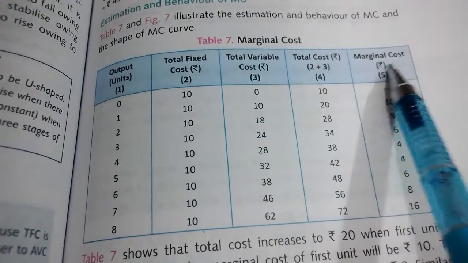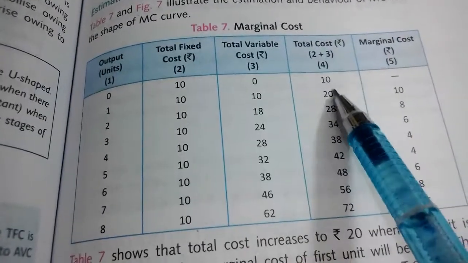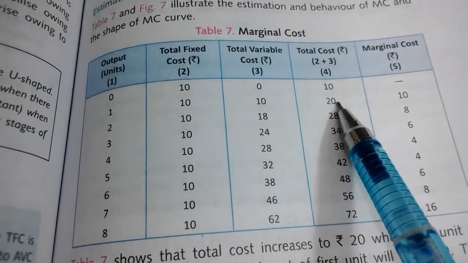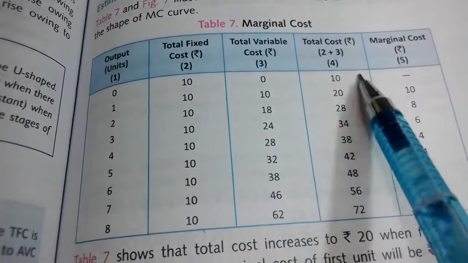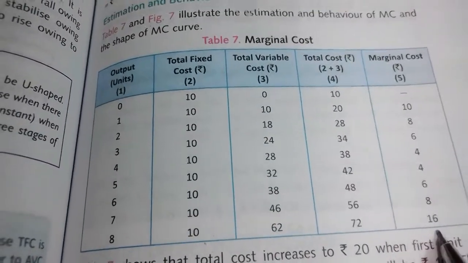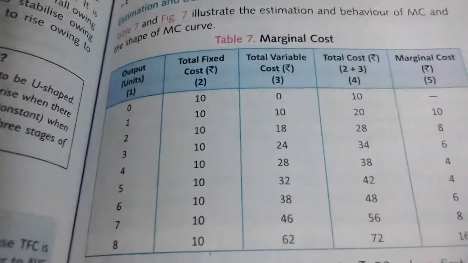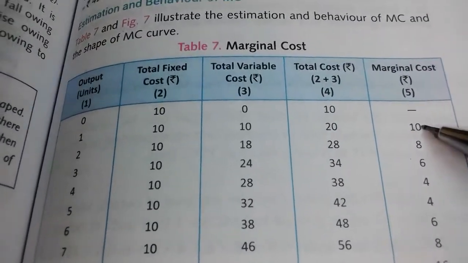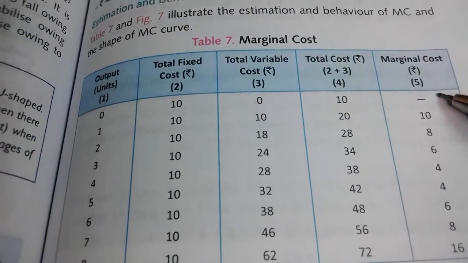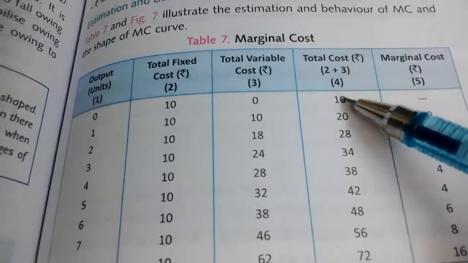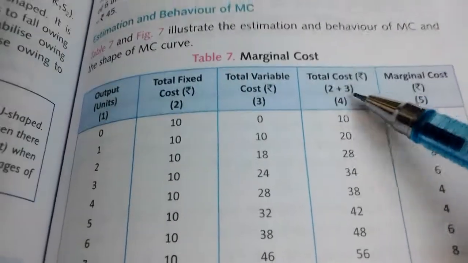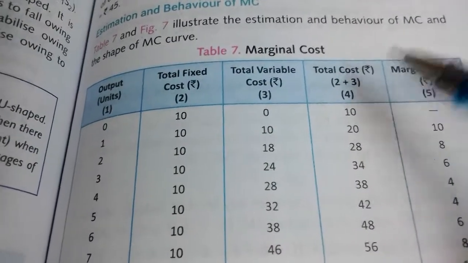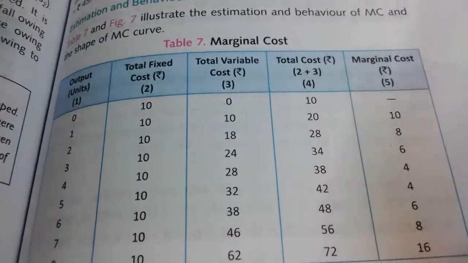Then marginal cost is total cost, हर सेकेंड यूनिट को आपने फर्स्ट यूनिट से माइनस करते चले जाएंगे तो we get the marginal cost. So what do we see from marginal cost over here? It is 0 at the first point because 10, 10 को किसी में से सब्ट्रैक्ट करेंगे तो सेम नील होता है.